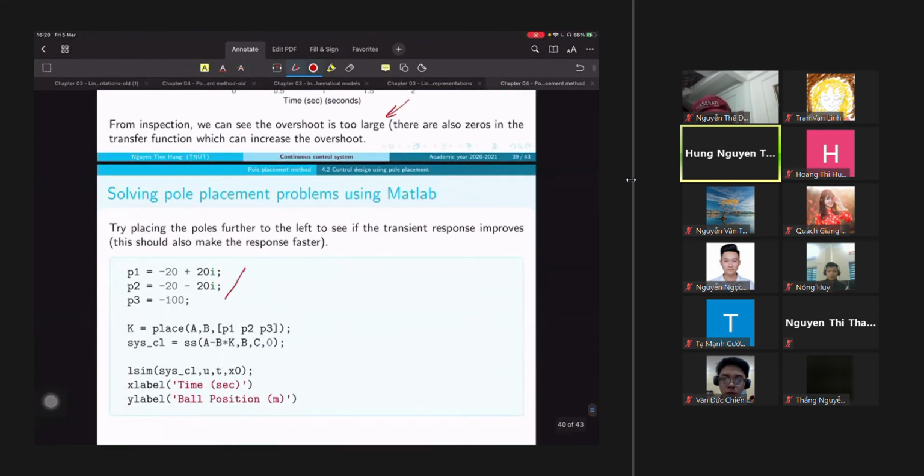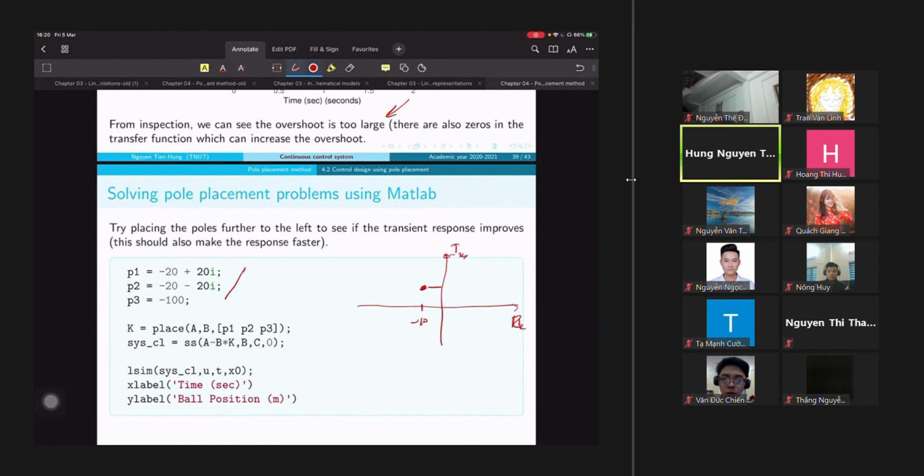In the first case, in the left half plane, the real part is -10 and the imaginary part is also 10.